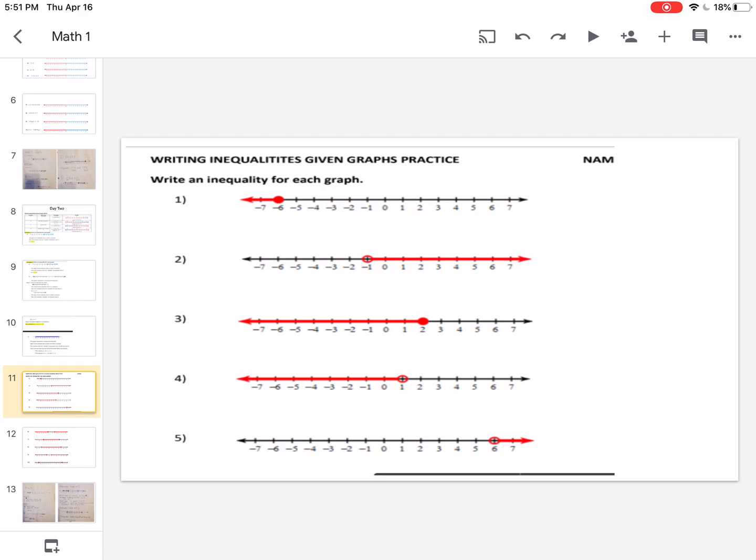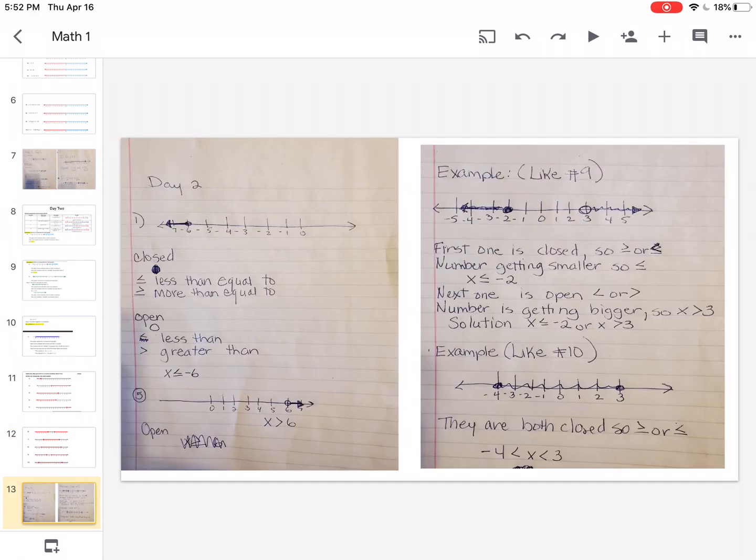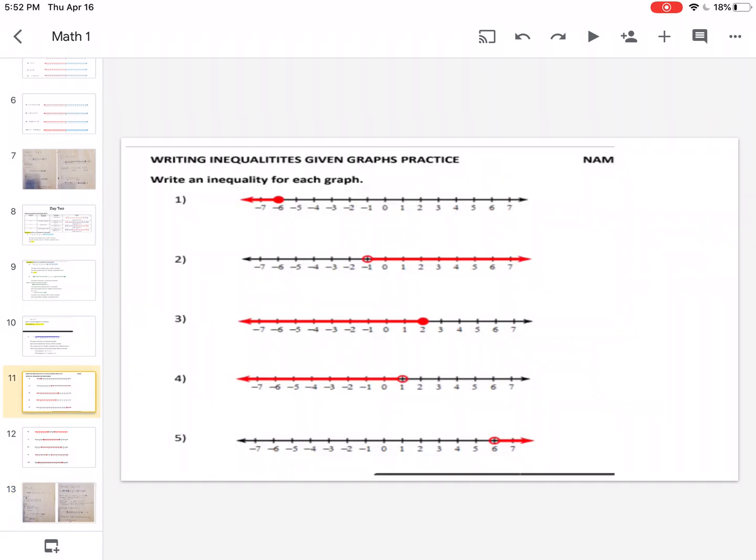Okay, so this is your homework, your assignment. Here's 1 through 5, and here is 6 through 10. I have some examples. You can look at your worksheet while we do these. For number 1, it's closed. Let's go back and make sure. See how it's closed?